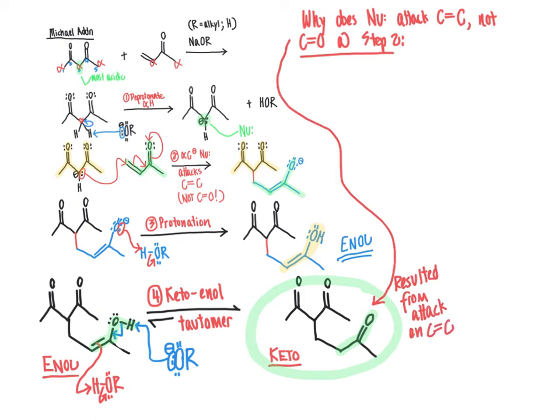So when we attacked the carbon-carbon double bond, that was right here at step 2, the carbanion came in, attacked that terminal of the carbon-carbon double bond, and ultimately led to the product that we see here.